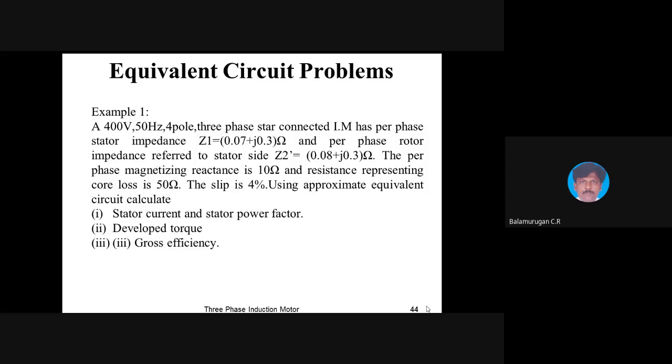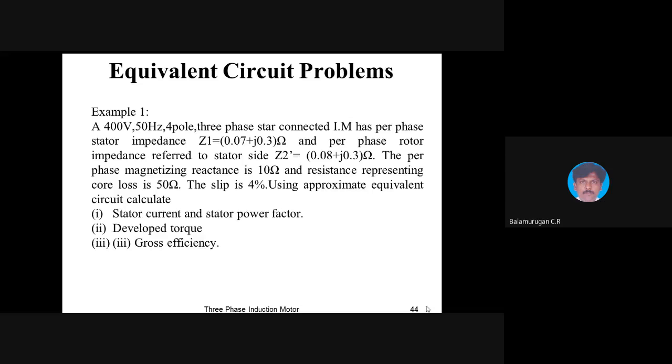So you can write I1 is equal to I2 dash plus I0. I2 dash is the rotor current referred to stator, and I0 is the no load loss component current. This is the first subdivision you are supposed to solve: the stator current.